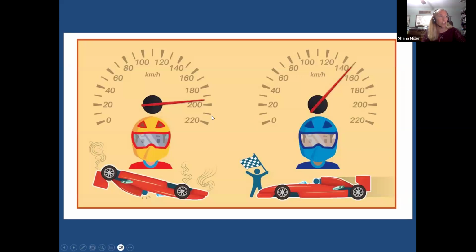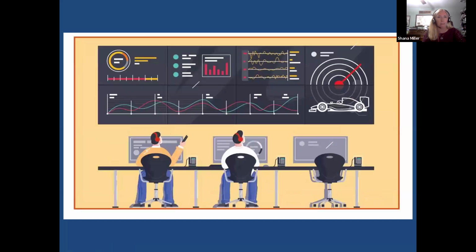Similarly, there's a trade-off between a really fast driver who might crash our car and a slower driver who makes it to the finish line. And so our race team looks at these different variables to see which of the car designs will best meet all of our objectives, balancing trade-offs.